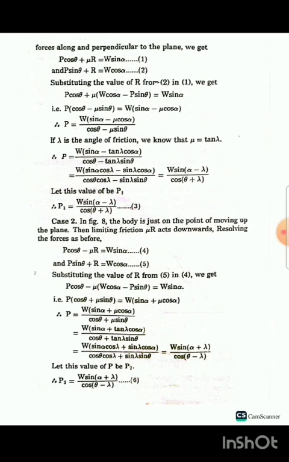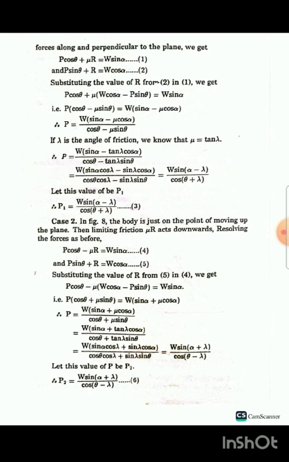From the left side we take P as common. So P cos theta and mu P sin theta, taking P as common for these two terms, it becomes P of cos theta minus mu sin theta. Next, the mu W cos alpha, which is on the left side, we take to the right side.